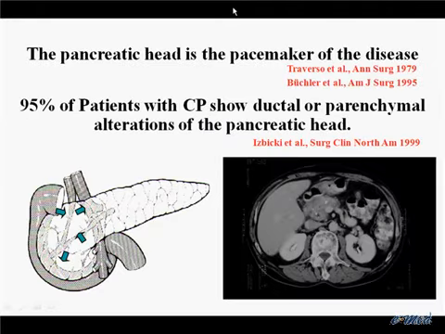So as I said, the pacemaker of the disease is the pancreatic head, and 95% of those patients show these changes, and basically the pacemaker of the disease will lead to 4 changes. And the most significant change is, of course, the common bile duct stenosis. It's a stricture of the main pancreatic duct.